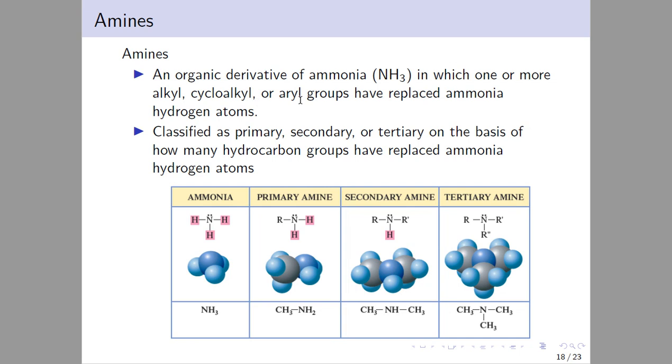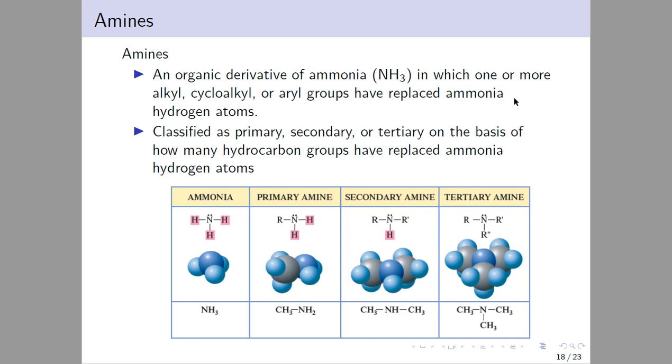So we have this aryl group replacing an ammonia hydrogen atom, giving us R3N.